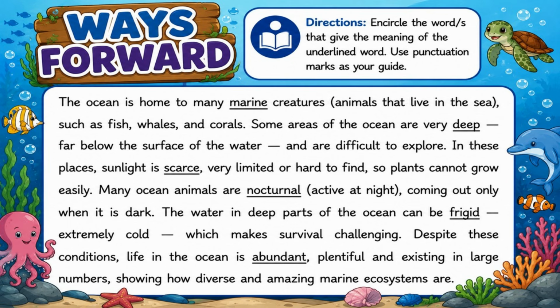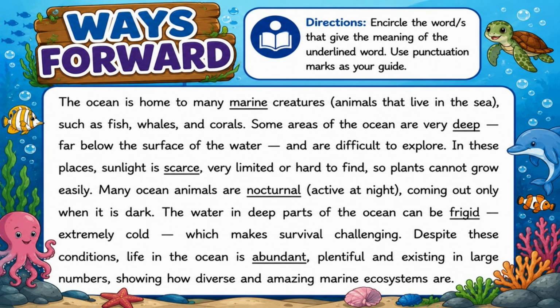In these places, sunlight is scarce, very limited, or hard to find, so plants cannot grow easily. Many ocean animals are nocturnal, active at night, coming out only when it is dark.